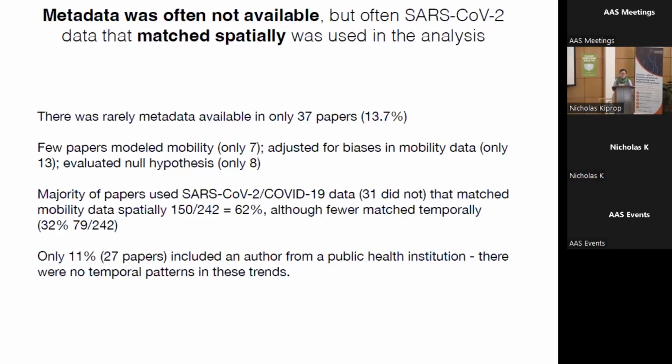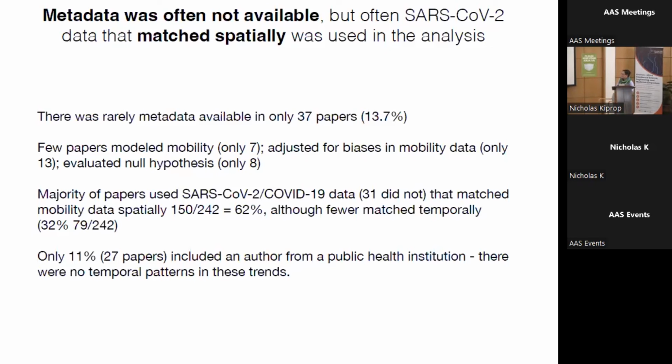They were using proxy data sets like mobile phone data, saying this is how this county is connected to this other county. And it was very unusual to have information about the infection status of individuals, any adjustment for who might be in that data set, or any understanding of what types of mobility you might be measuring.